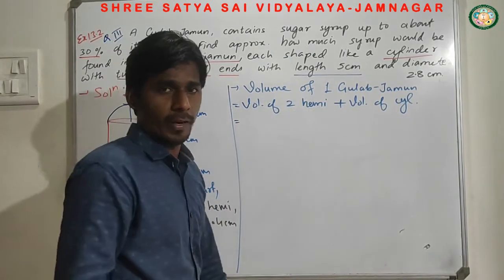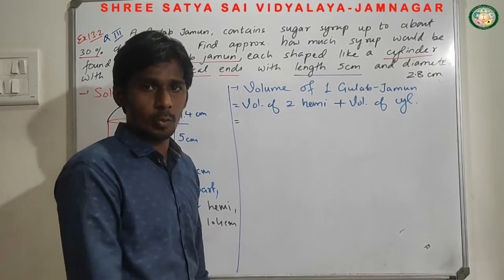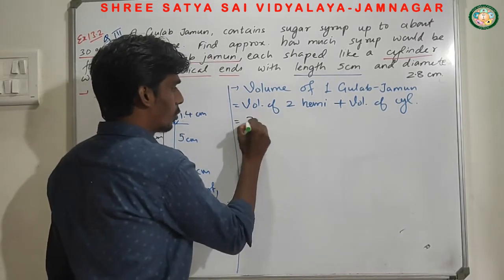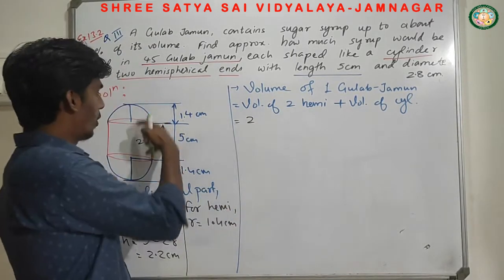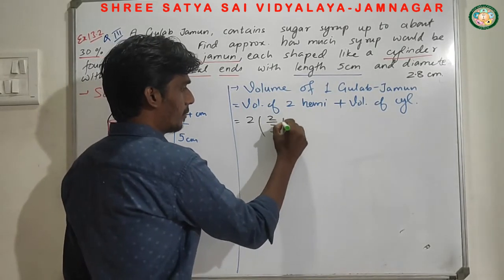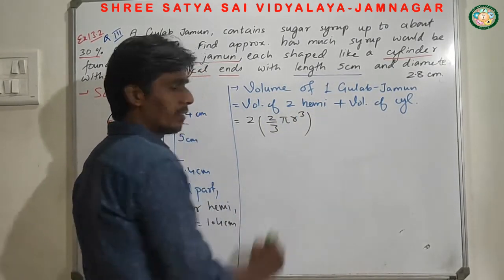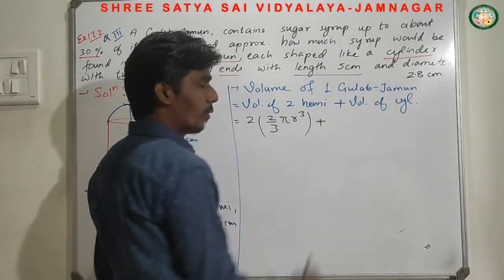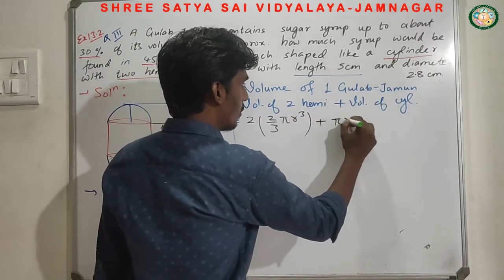So what is the formula to find the volume of a hemisphere? It's 2 by 3 pi r cube. So it's 2 times, why 2? Because of two hemispheres. Now the formula of hemisphere, it's 2 by 3 pi r cube, plus what is the volume of cylinder? Pi r square h.